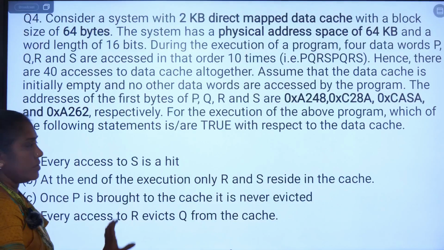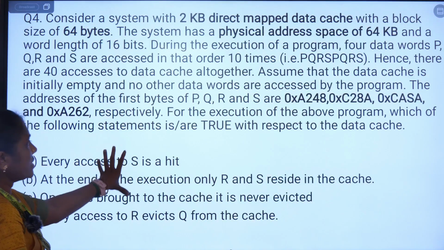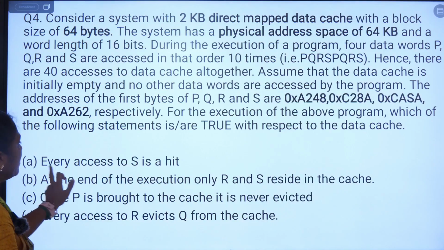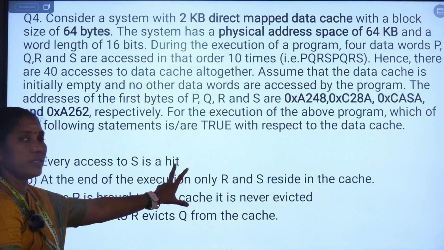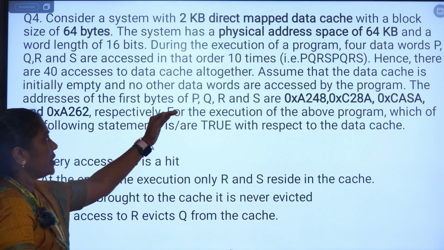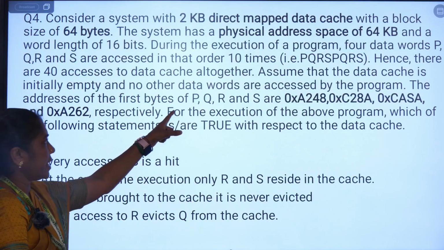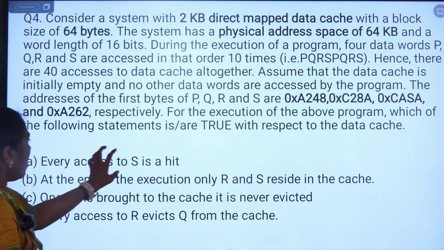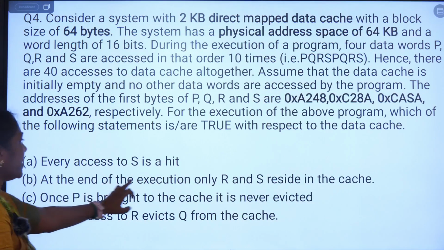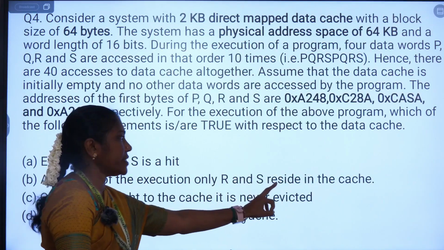And hence the answer for this question, what are the various options that are true here, is: every access to S is a hit. We have seen that whenever we bring in P, since S is in the same block as P, S is always a hit. And then, at the end of the execution, only R and S reside in the cache.